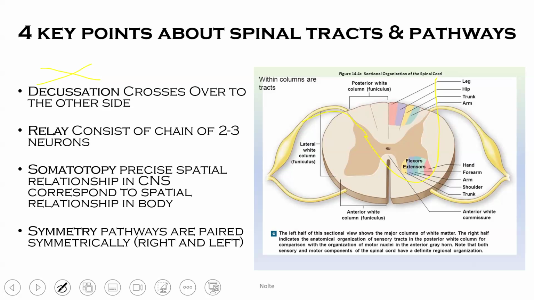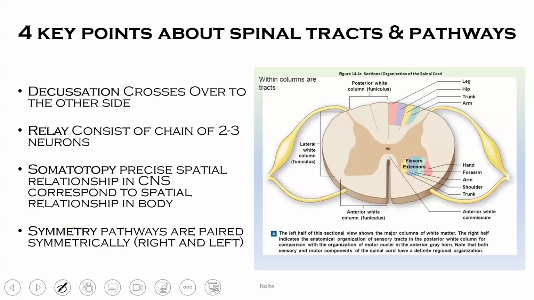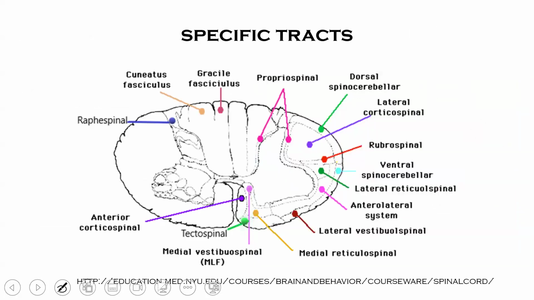And then somatotopy, precise spatial relationship in the central nervous system corresponding to spatial relationship in the body. And then symmetrical pathways. So everything is bilateral and symmetrical, even if it's not labeled as such.